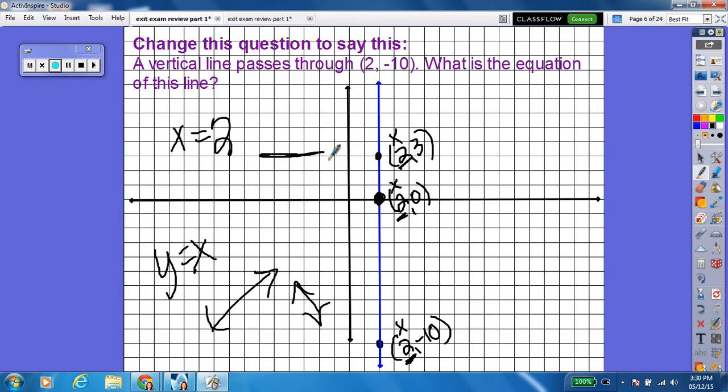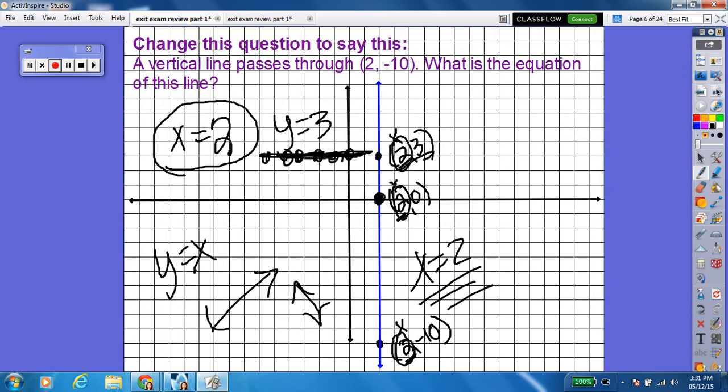If it's a horizontal line like this one, it would be y equals 3 because everywhere on this line y is 3. -1, 3, 1, 3, 2, 3, 5, 3, whatever. Okay? So if it doesn't have a y-intercept, shouldn't have a y in it. So x equals 2. Fastest way to do it is to list a couple points and then see what's unchanging. X is unchanging, so it always equals 2.